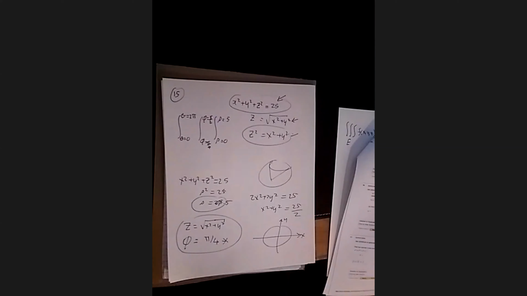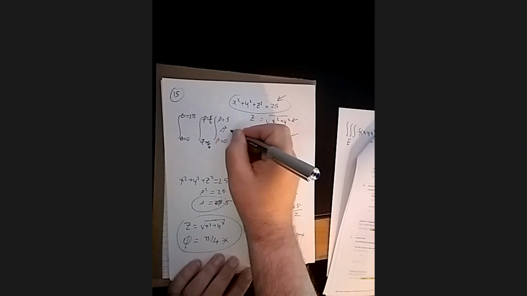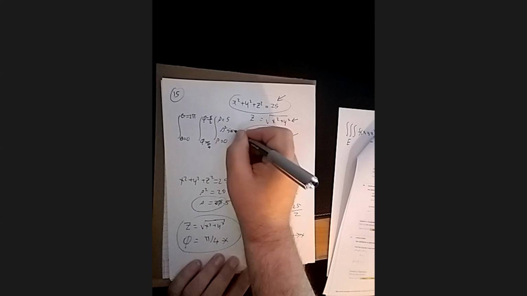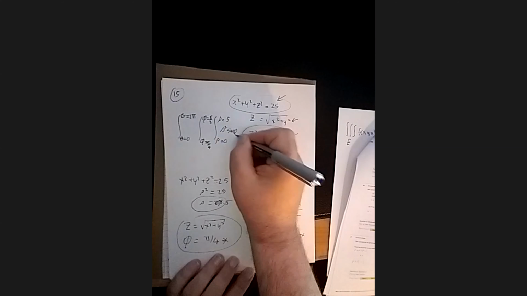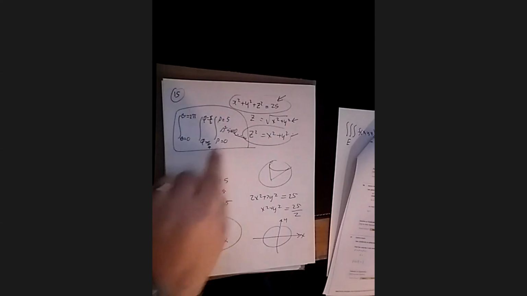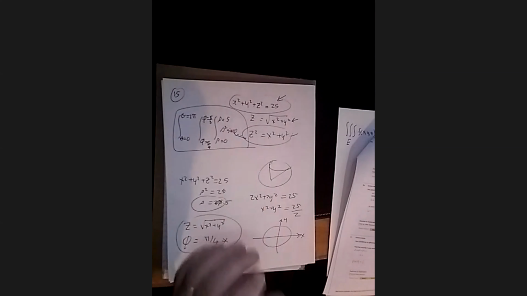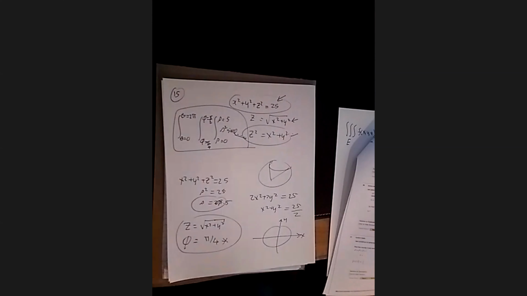Right, what else have I got? Then all you do then is that you plug in your rho squared, your sine of phi, and I don't have room for the d rho d phi d theta thing, but that's the guy. Because if you find the limits of integration and you want to find the volume of something, isn't the volume the triple integral of 1?